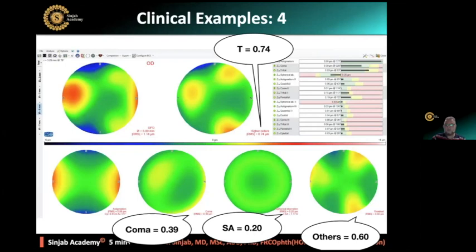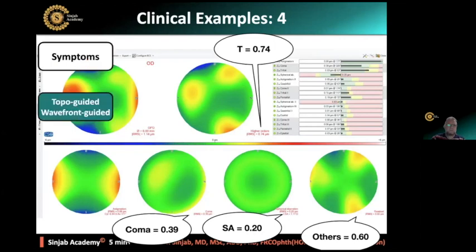Now this patient has more than 0.5, because this is Cyrus, and has symptoms. Okay, so we have to go for topography guided treatment or wavefront guided treatment. We can implant phakic IOL, but we have to tell the patient that you will not get rid of your symptoms by the phakic IOL. Phakic IOL is just to get rid of glasses, which is lower order aberrations. And if he has a cataract and we are planning for cataract surgery, we cannot implant premium.